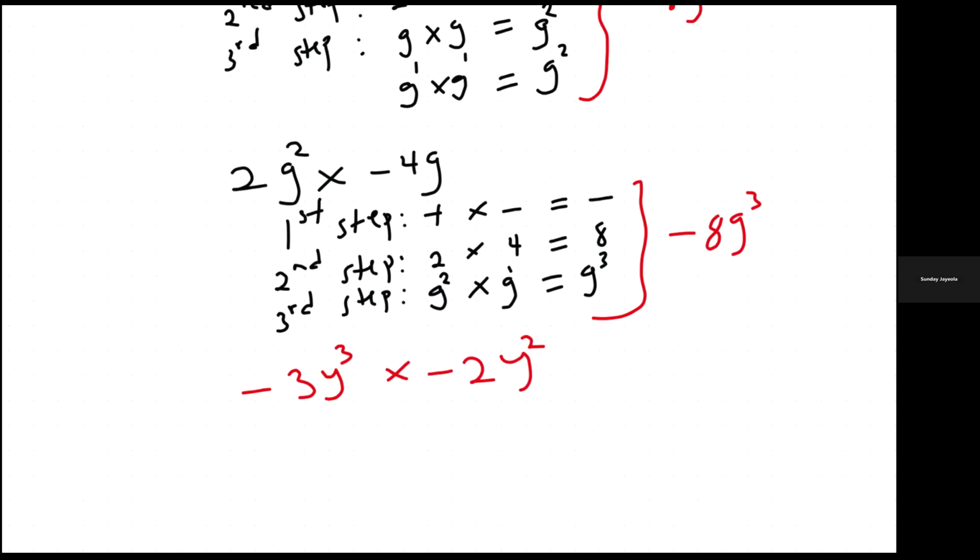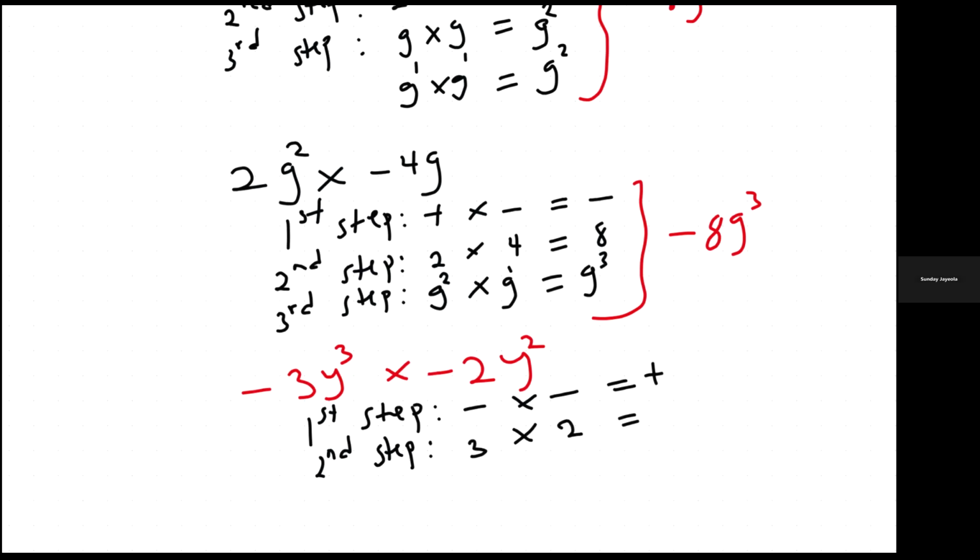First step will be the sign. And our sign here is negative multiplied by negative, which is equal to positive. And our number for the second step is going to be 3 multiplied by 2, which is equal to 6.